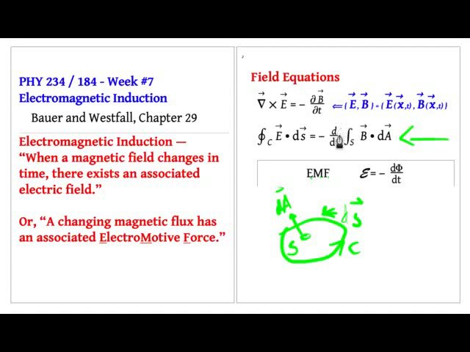And that's minus dΦ/dt, where this Φ is the flux of the magnetic field. So when there's a changing magnetic field, or when there's a changing magnetic flux, there must be an electromotive force, which could be used to drive a current. And that's how we make electricity that we use in everyday life.